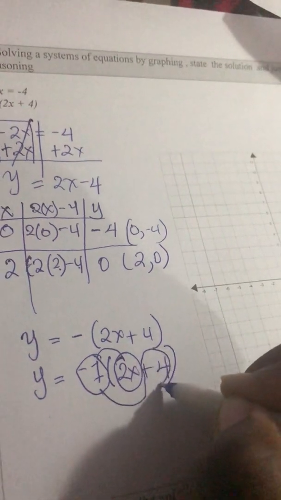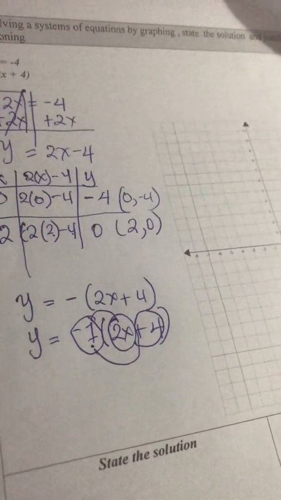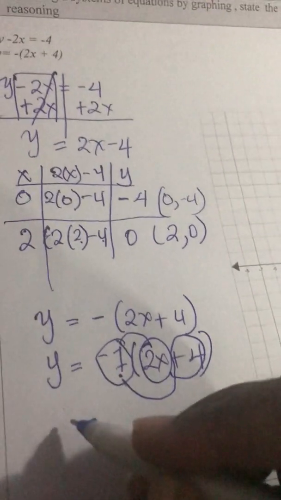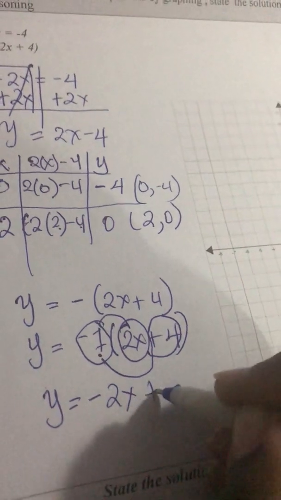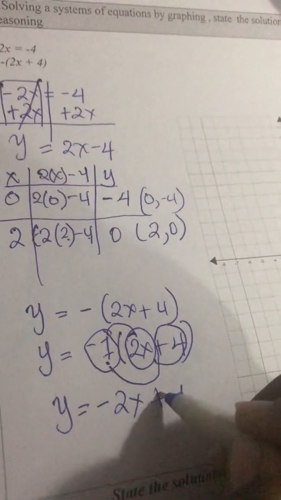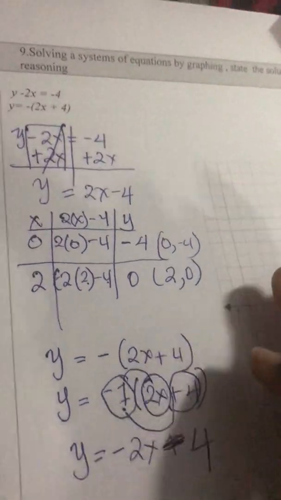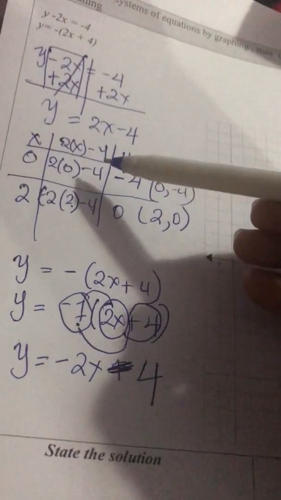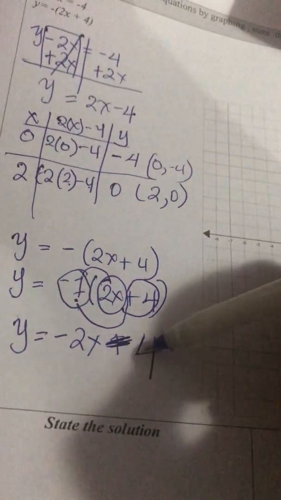Negative 1 goes with 4. I will multiply. Whenever we are doing distributive property, we are multiplying. Y equals to negative 2x plus, no, minus 4. This is minus 4. Now, do you see? I don't need to do a table because this equation is the same as that equation.